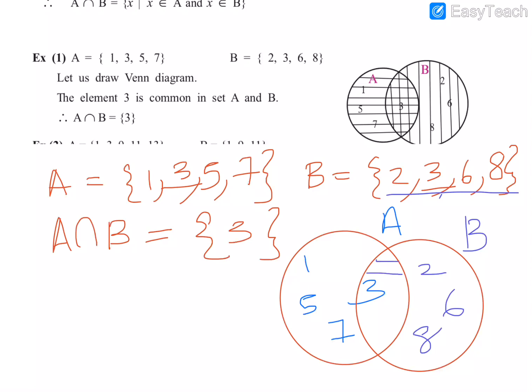So the intersection part is this part. So what is the element in this part? 3 is the only element. Like see in this image, 3 is the only element inside A intersection B. The rest, 1, 5, 7, are not inside B, so they are drawn outside B. So the only element contained in both A and B is 3.